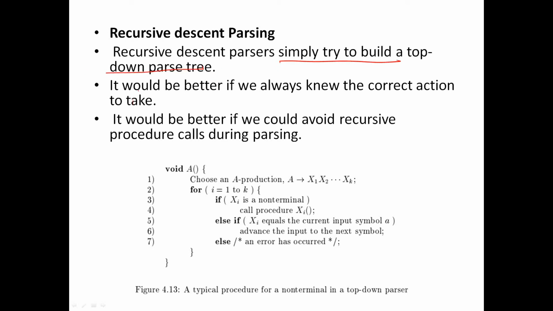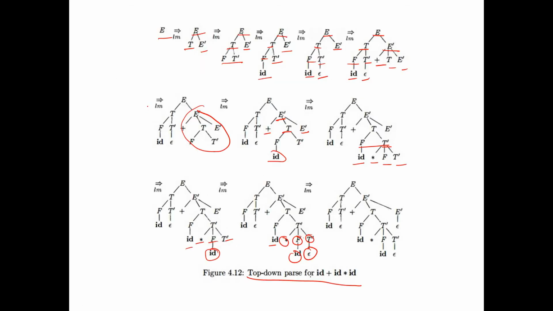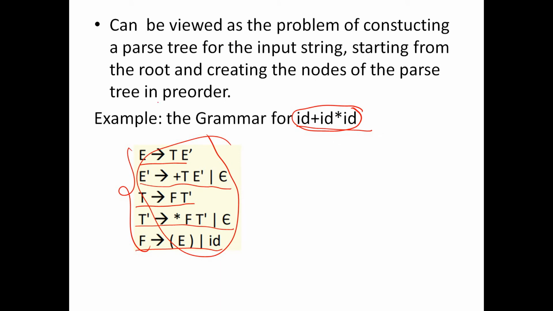We are going to build the tree, and it would be better if we always knew the correct action to take. When you have the grammar, you may get different options. For example, E dash can be plus T E dash or epsilon. T can be F T dash. T dash can be star F T dash or epsilon. F can be E or id.